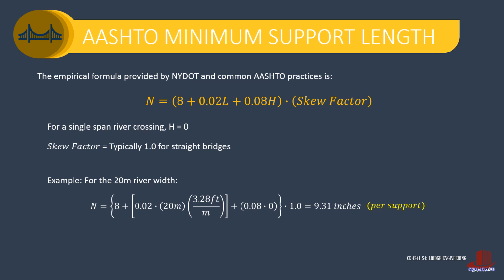The allowance is then computed as 9.31 inches. And again, this is per support. Since the problem uses metric, we convert 9.31 inches into meters, which is 0.236 meters, or rounded to 24 centimeters.